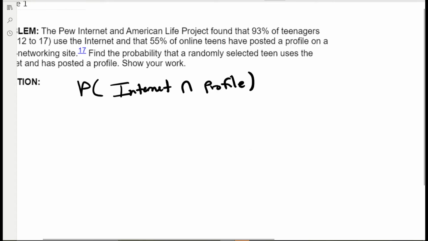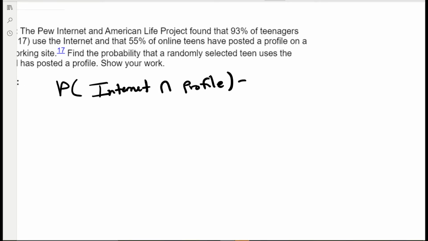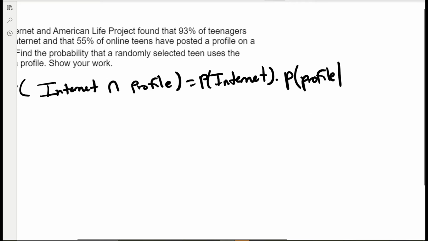Okay, so if we look at the multiplication rule, this states that I can do the probability of internet times the probability of someone posting a profile, given that someone uses the internet.